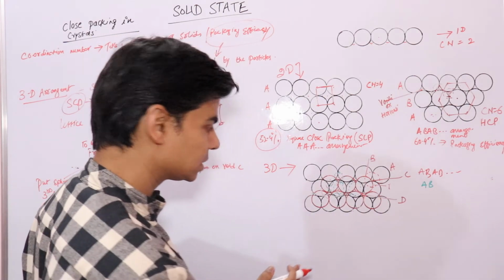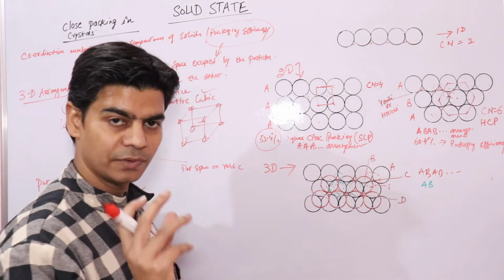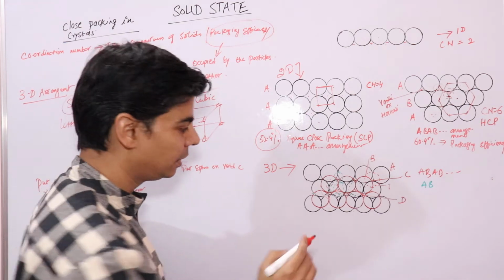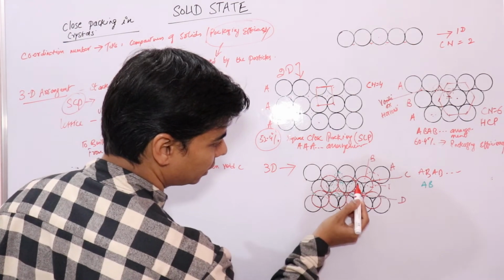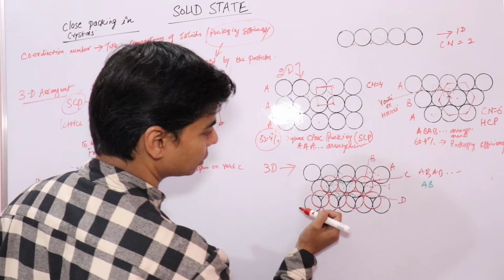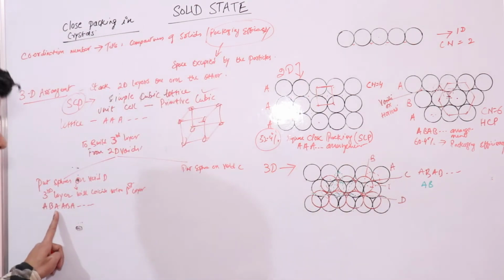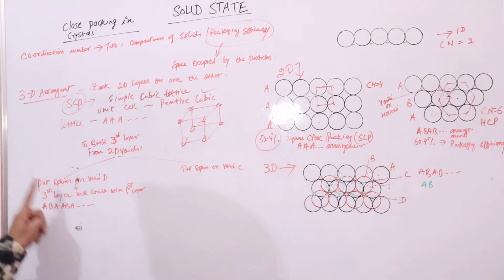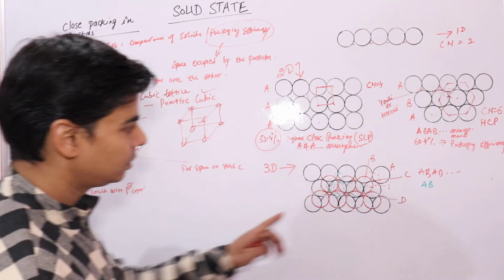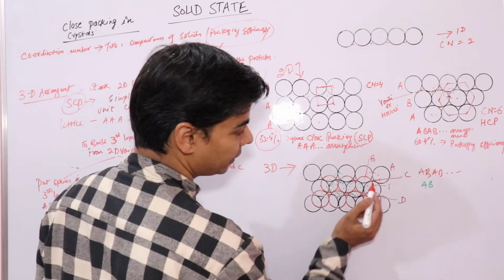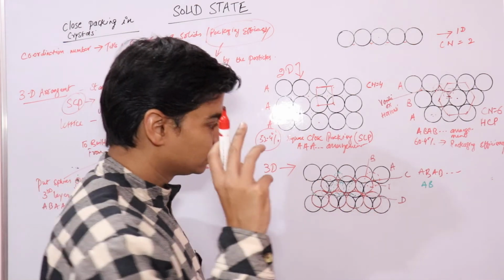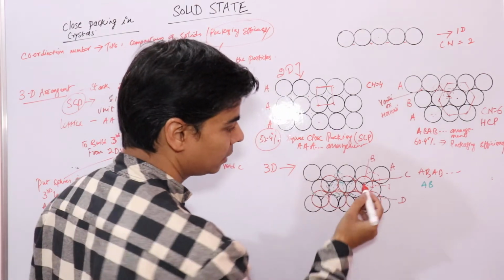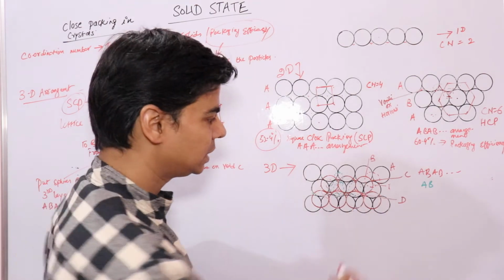Like in the previous case, when I put the sphere on the voids D, which are the voids of the second layer, it coincided with the spheres in the first layer. So that is why we said it's A type layer. So the third layer is A type layer in this case, ABA arrangement. Here, the layer that I get when I place the spheres on the C void, the voids of the first layer, is a new type of layer which is C layer.